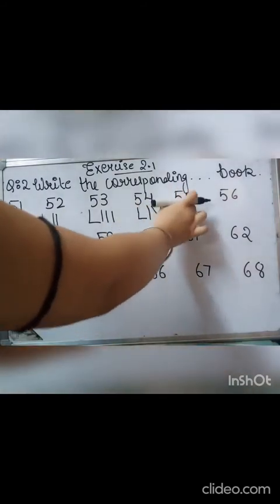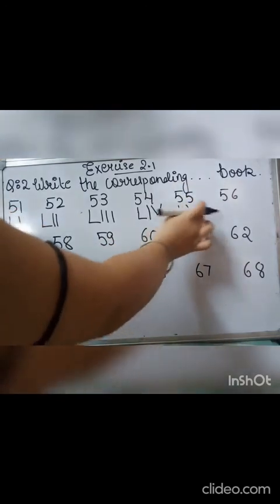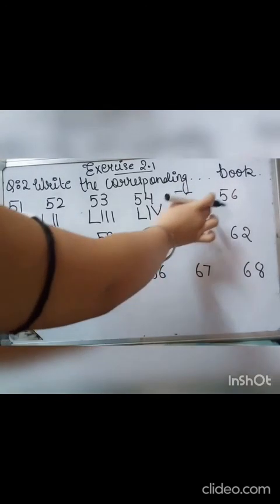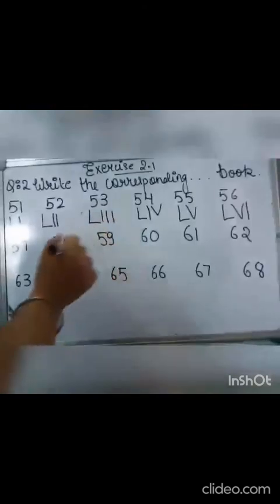And now 55. 50 plus 5. 55. Now 56. So first we will write 50 and then for 6 we will add. For adding we write a symbol at the right side. 50 plus 1. 5 plus 1 is 6 and 56.